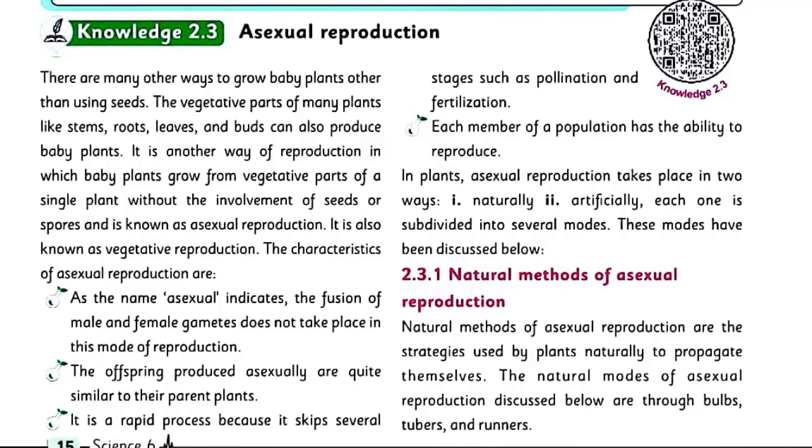Natural methods of asexual reproduction are the strategies used by plants naturally to propagate themselves. The natural modes of asexual reproduction discussed below are through bulbs, tubers, and runners.